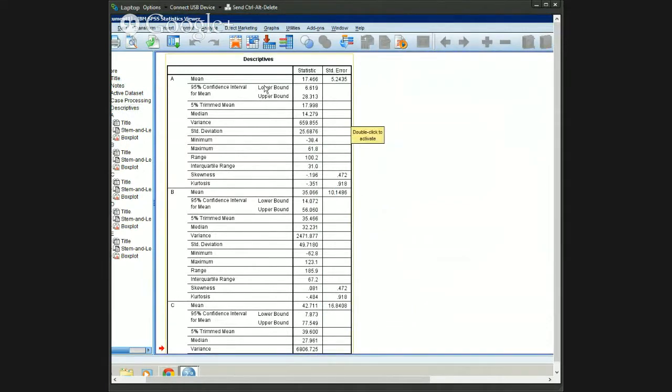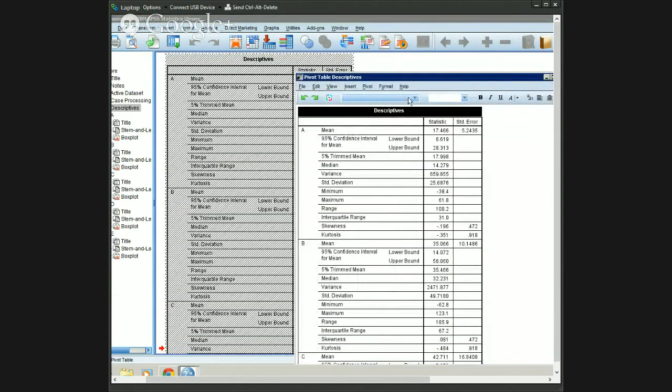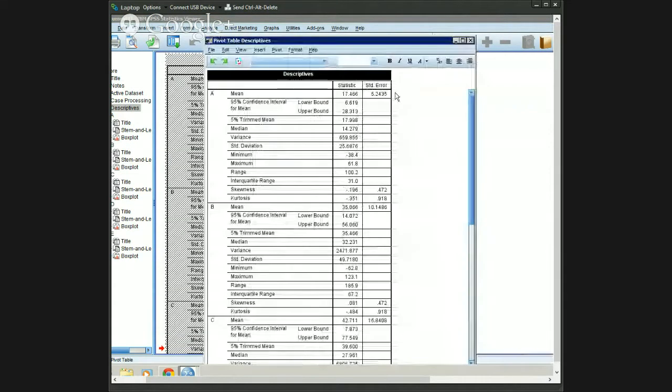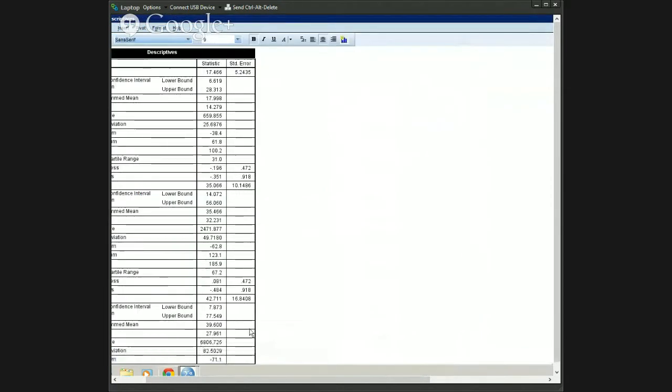Because it won't really let me zoom in. You'll be all right. Nope.